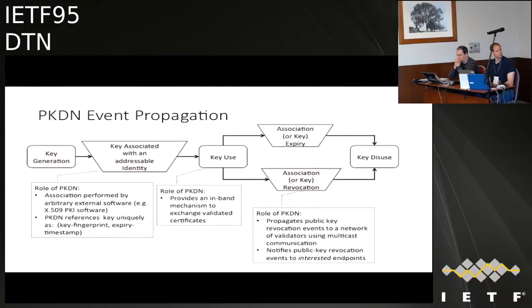We can use that standard or any other certification standard. And PKDN references these associations or the certificates uniquely as a key fingerprint and expiry timestamp. The fingerprint can be a hash on a certificate, anything that's going to provide a unique handle onto what that association event is.